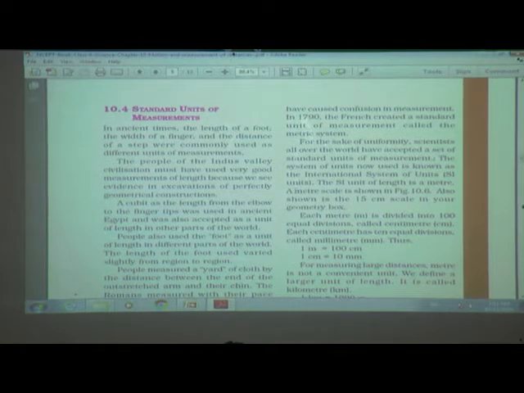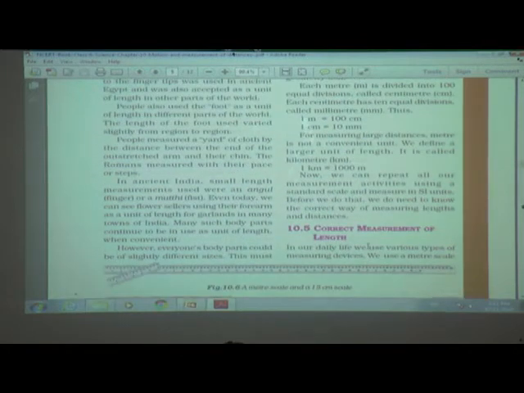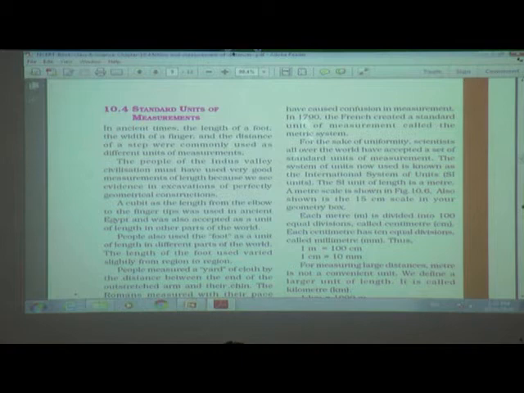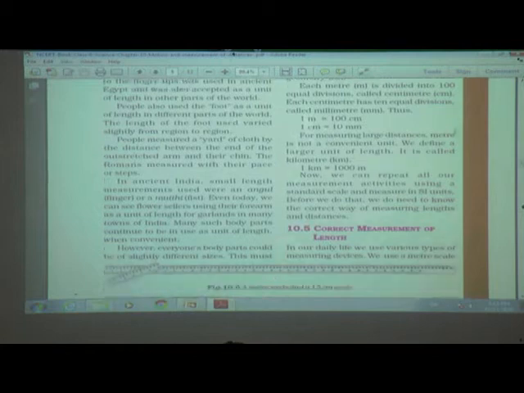A meter scale is shown in figure 10.6. On the next page it is also shown, a 15 centimeter scale in your geometrical box. So students, in figure 10.6 you can see here a meter scale and a 15 centimeter scale.